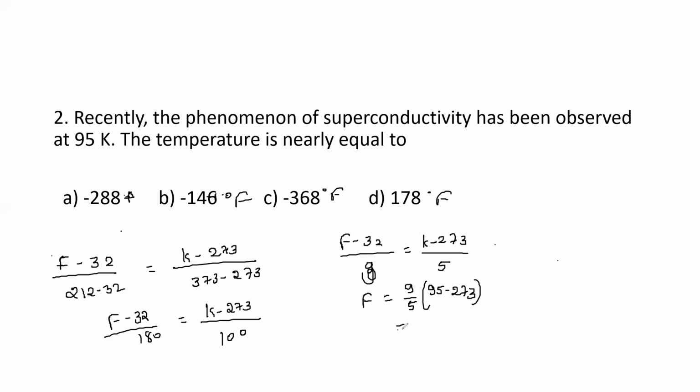Whatever answer you are getting here, then minus 32 is there; if it comes to the other side, it becomes plus 32. So simplify all this, do it yourself. After simplification, you need to get the answer as 288 degrees Fahrenheit. That is option A, the right option here.